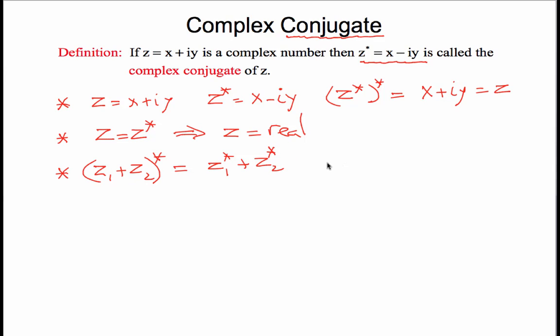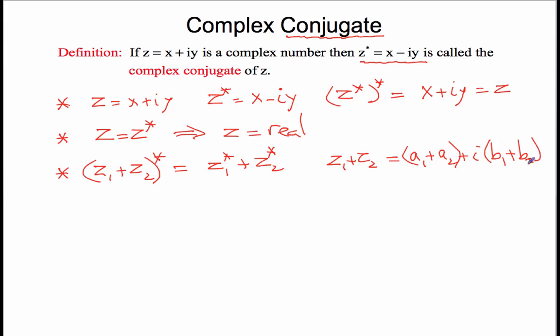And that's actually quite trivial to see, because if I take z1 plus z2, where z1 is a1 plus ib1 and z2 is a2 plus ib2, then this is a1 plus a2 plus i times b1 plus b2.